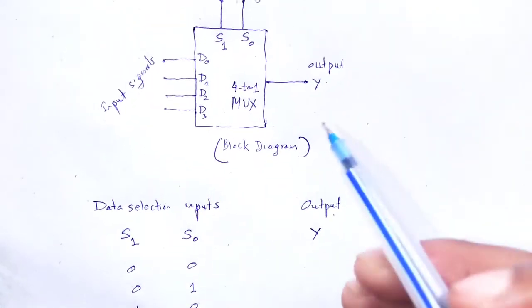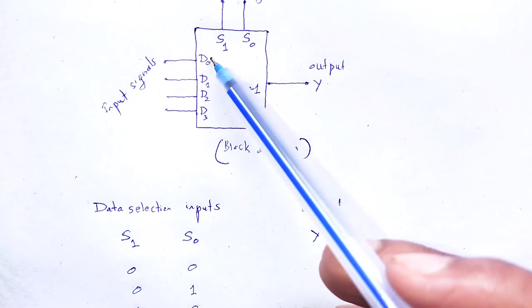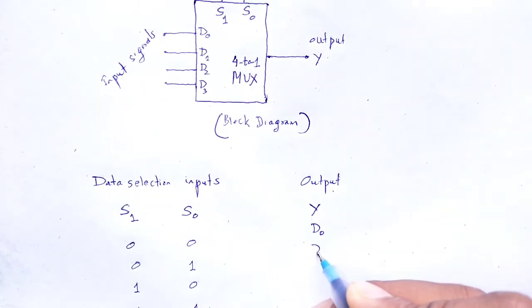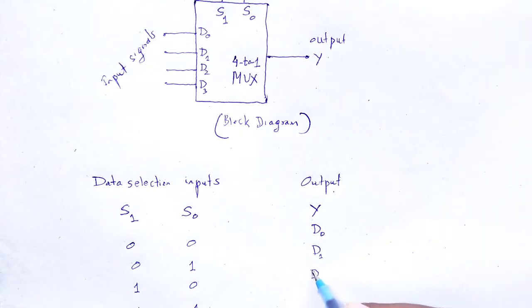At output section, we have D0, D1, D2, D3.